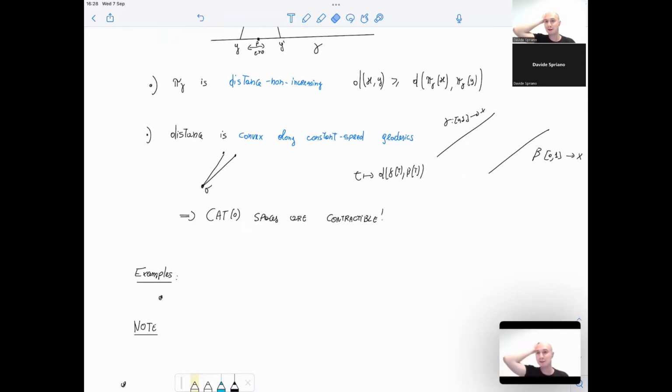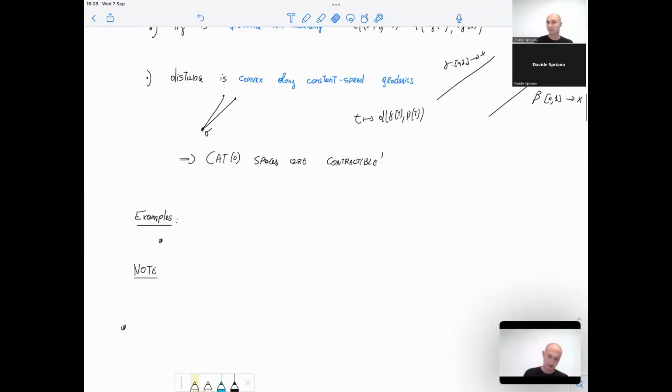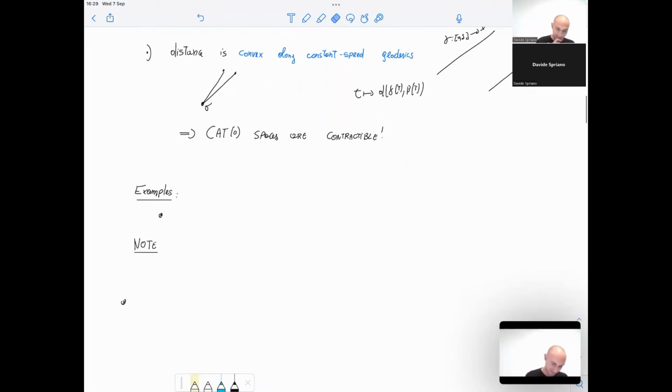Right, and this is our first source of, now we're going to look at some examples, non-examples. So non-examples are any space that is not contractible, is not a Cat0 space. Well, so think about any graph or any space that has any topology is not Cat0 essentially. And so what are examples?